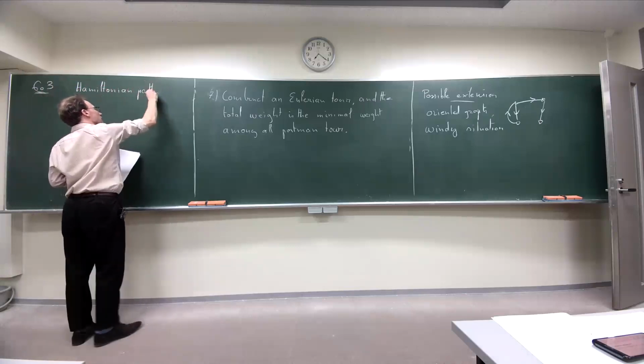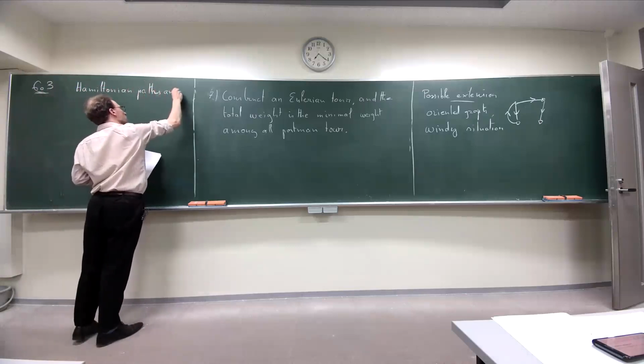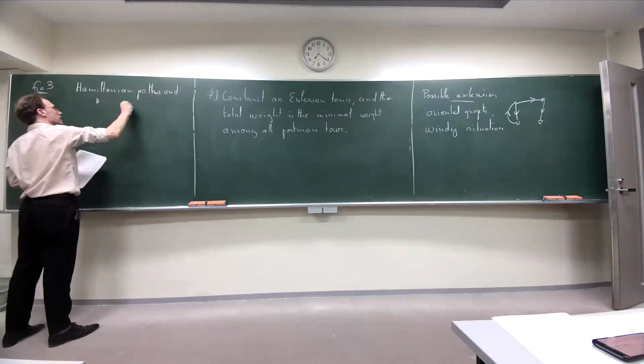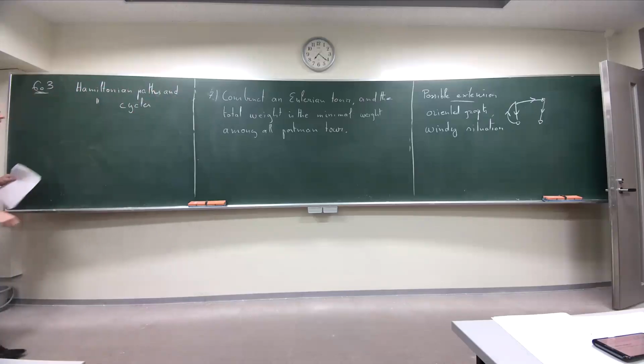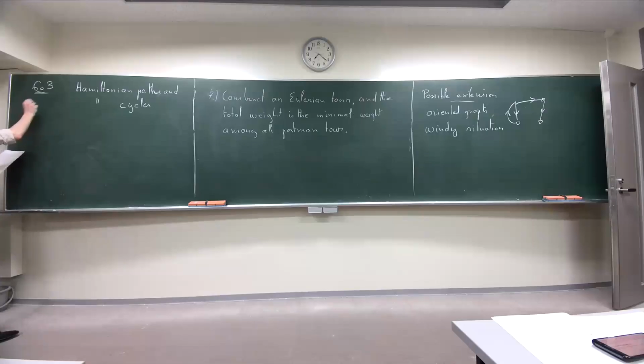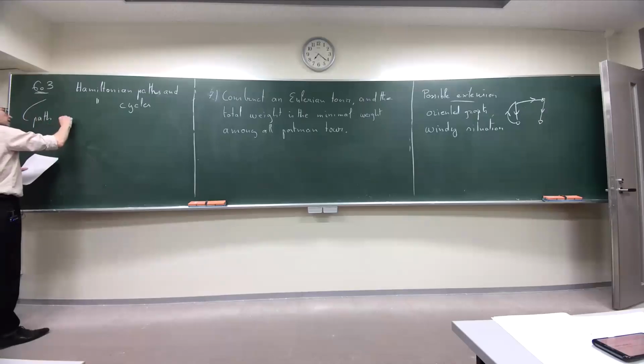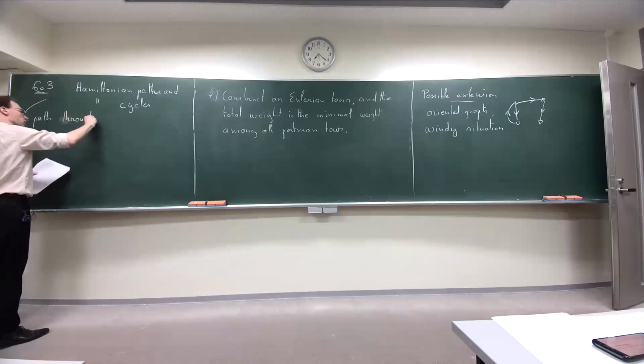Path on cycle, and Hamiltonian cycles. I'm going to mention it. So just remind you what is a Hamiltonian path. It's a path through all vertices.